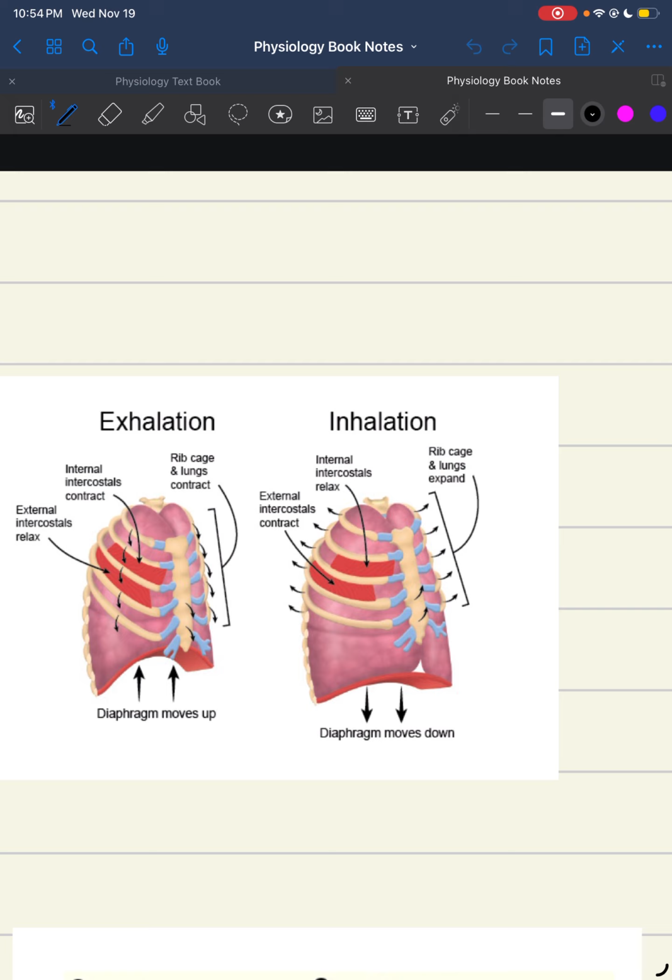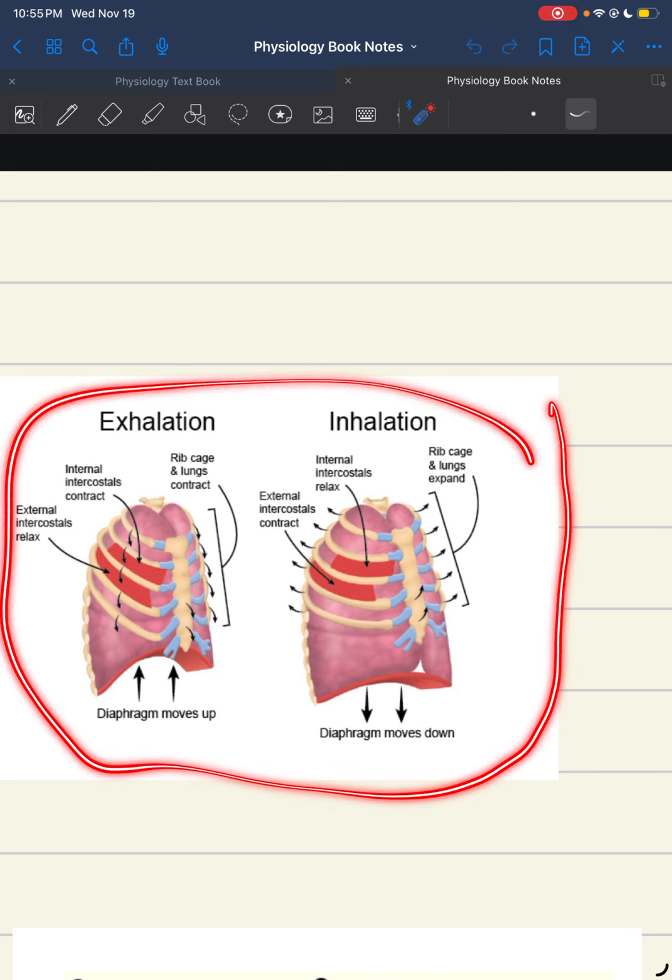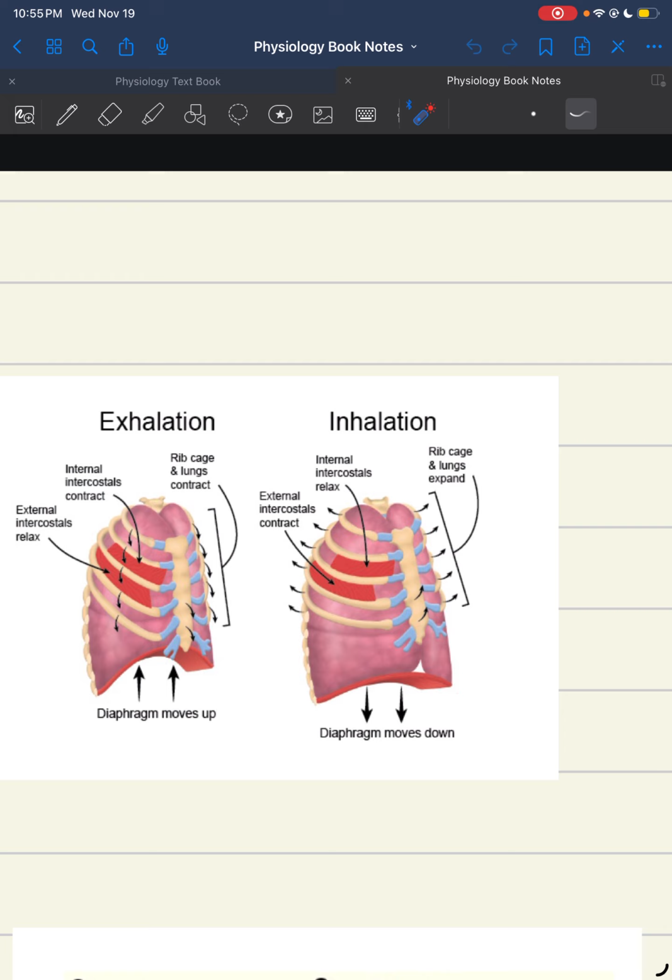To understand how this works, we need to look at three structures: the chest wall, which naturally wants to spring outward, the lungs, which naturally want to recoil inward, and the pleural membrane, which includes the parietal pleura on the chest wall and the visceral pleura on the lungs. So you can see all that here in this picture from our lovely textbook.